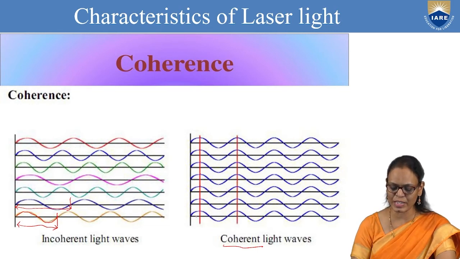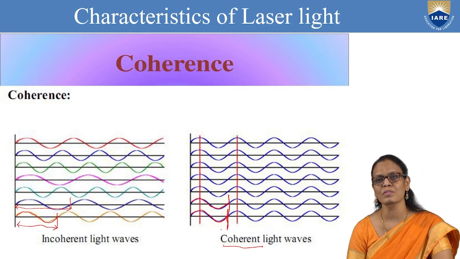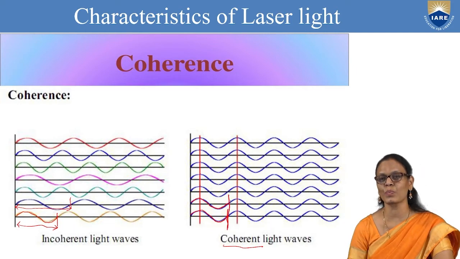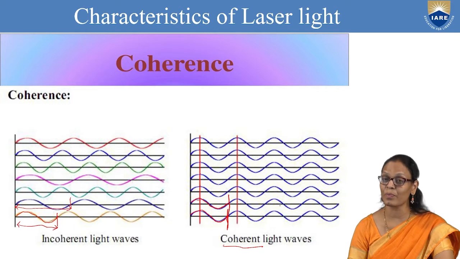The wavelength, the distance traveled by one complete wave, is also the same for the first wave and the second wave. The wavelength is the same, the frequency is the same, crest falls on crest, trough falls on trough. So they are coherent light waves.